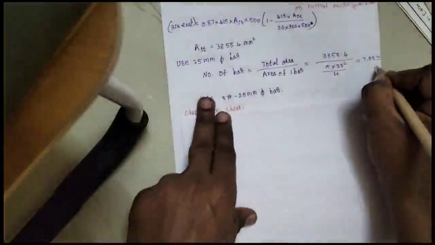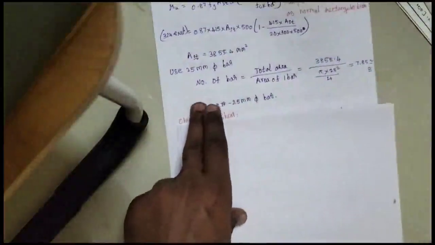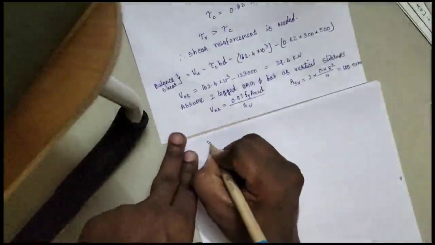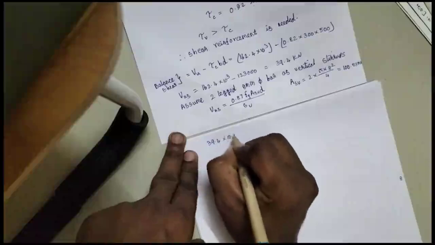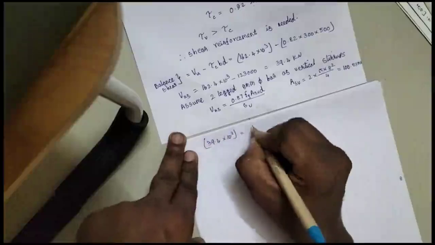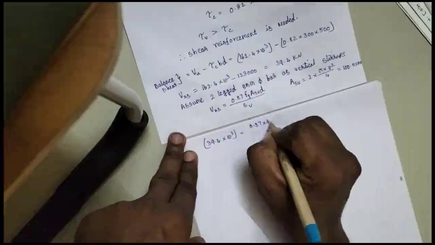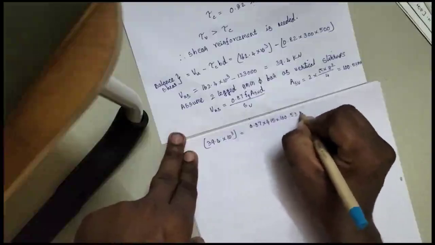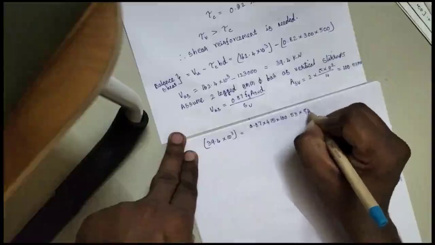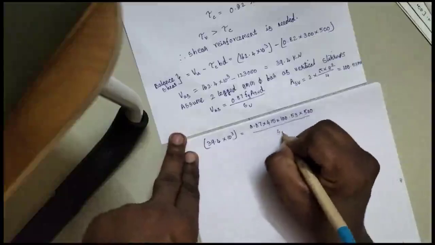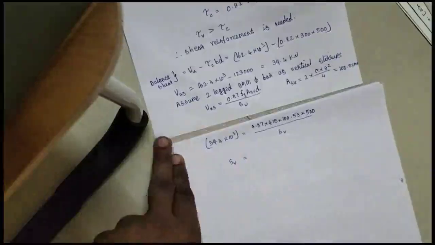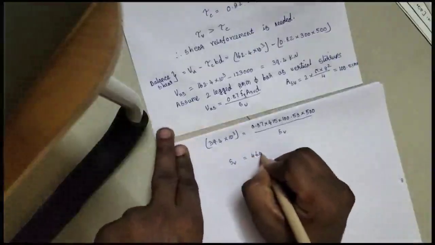Vus is 39.4 into 10 to the power 3 equal to 0.87 into fy, which is 415, into Asv, which is 100.53, into effective depth of the beam, 500 mm, divided by Sv, that is spacing. So I am calculating Sv, and the spacing I am getting is 460.6 mm.